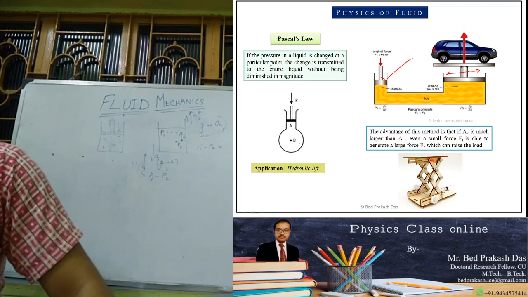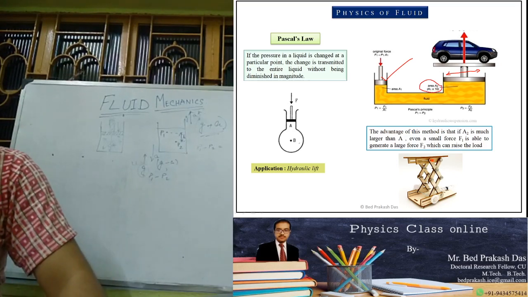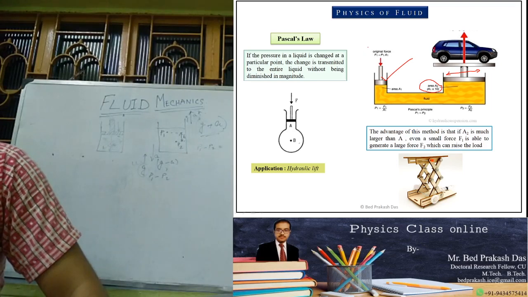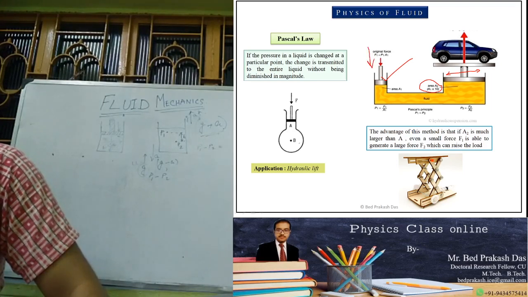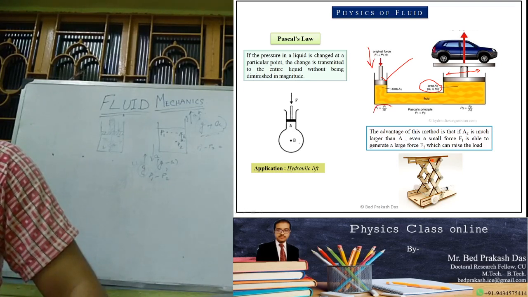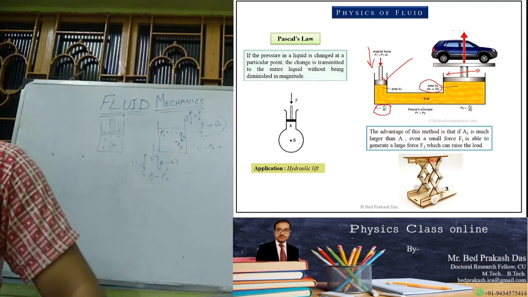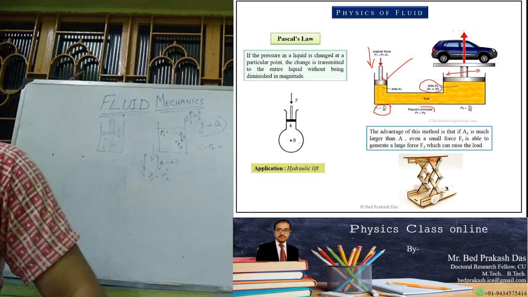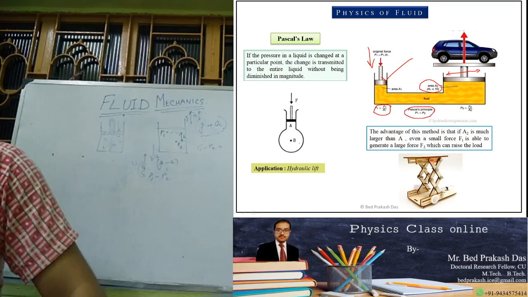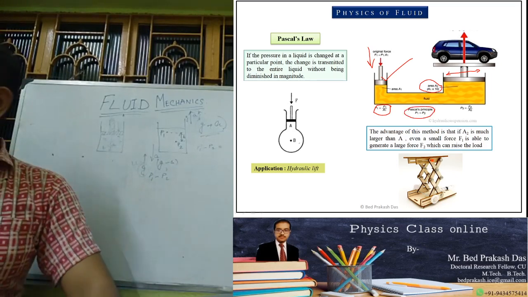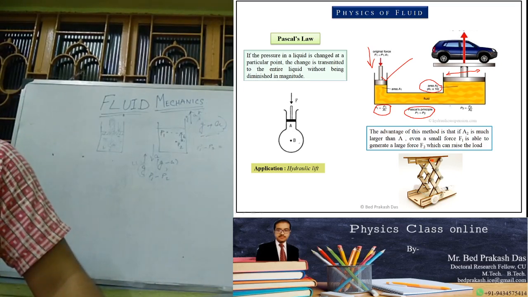Say here it is shown that it is 10 times larger. Now you are only putting a force over here. So at this point you are experiencing a pressure of P1 which is F1 by A1. Now from Pascal's principle we all know that pressure is the same in a closed vessel. As this is totally a closed vessel, the pressure is the same.